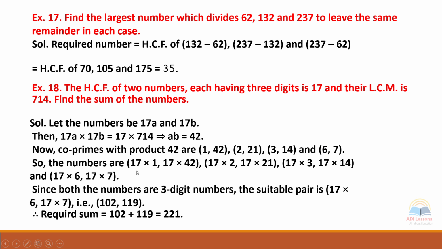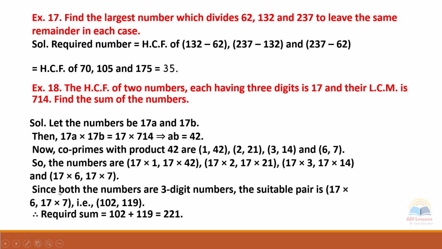So the numbers are 17 into 1 comma 17 into 42, 17 into 2 comma 17 into 21, 17 into 3 comma 17 into 14 and 17 into 6 comma 17 into 7.